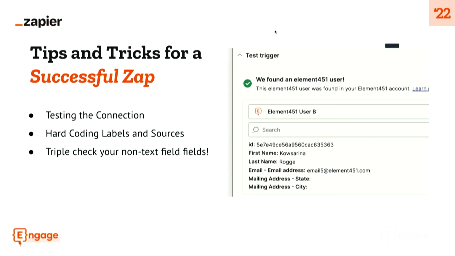So in working with Zapier and a few of our partner schools, I came across some things that are helpful just so you're on the right track to getting your Zap connected. The first part is when you're building your Zap, you have the opportunity to test the trigger. And all that is just, hey, look for a student, look for an event, and see if the data is coming in correctly.